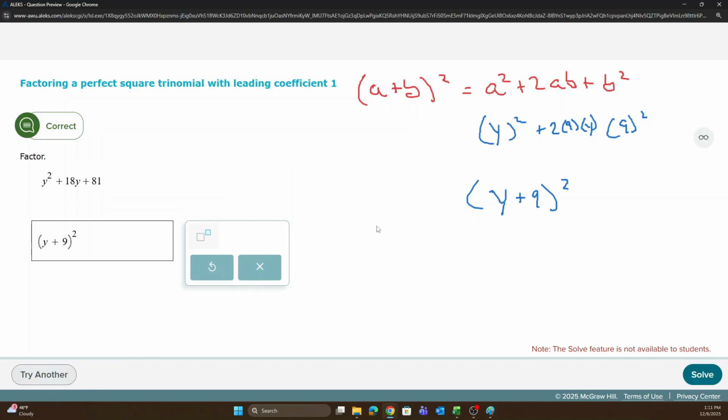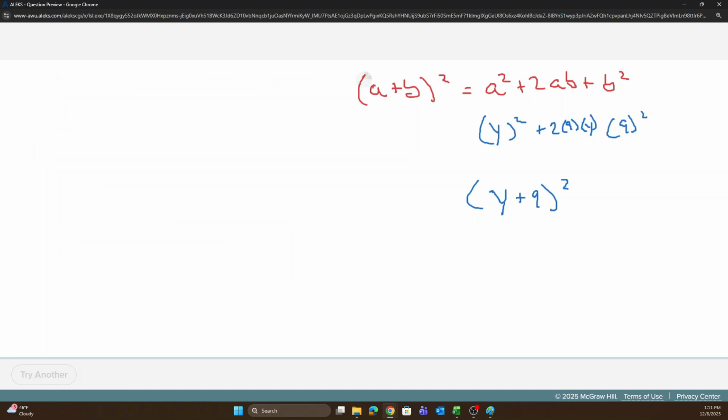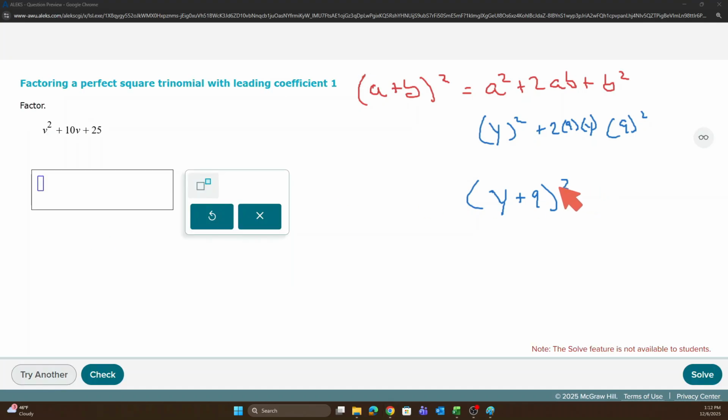Check. You can see we have that. Let's look at another one real quick. So once again, we're going to be using the same formula. We've got A being V. Let me actually grab that marker.